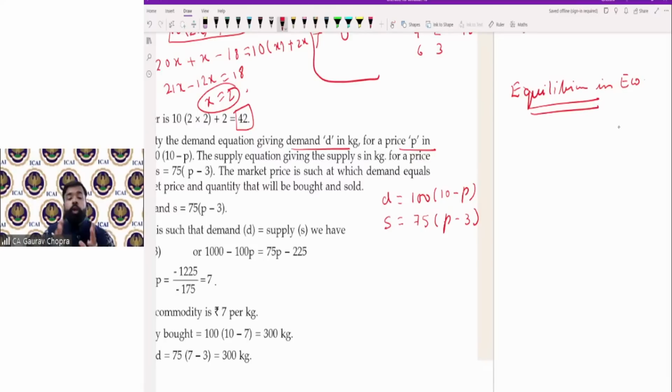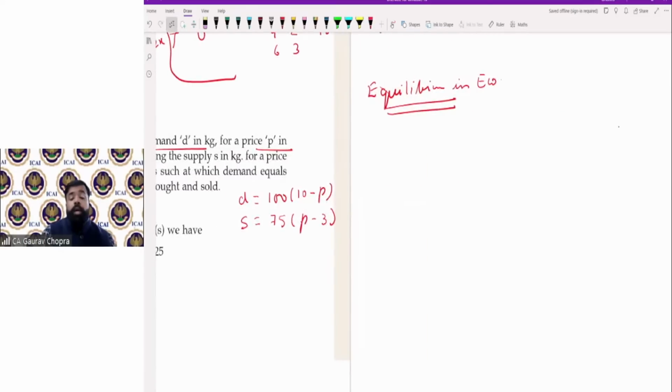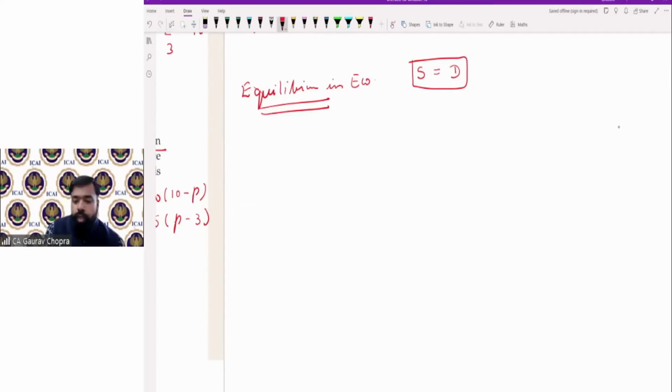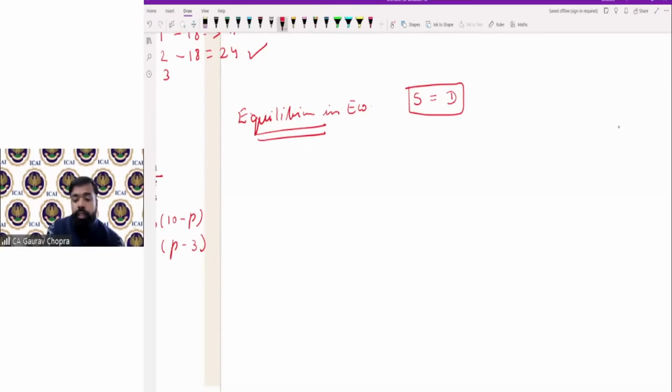In economics there is one chapter market where you have to determine how prices are determined in the market. You have to make demand and supply equal. Where both become equal, that price will be taken care of. So let us understand with this simple example.